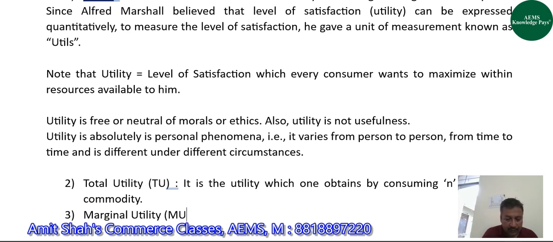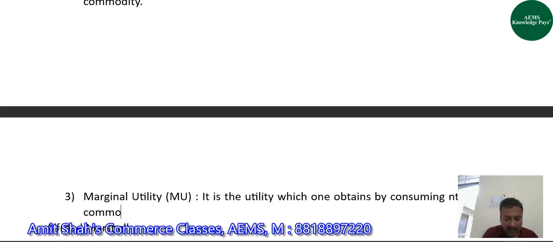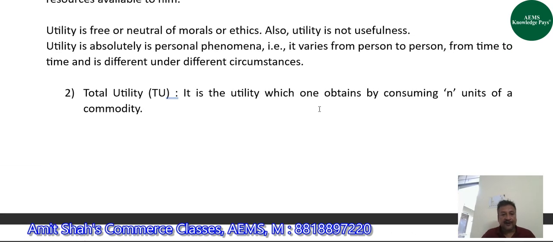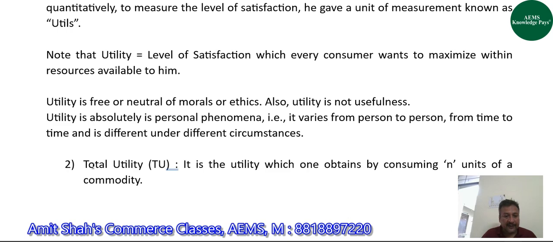Next is marginal utility, that is MU. It is the utility which one obtains by consuming the nth unit of a commodity. So TU and MU are different from each other, guys. TU is the total satisfaction which one obtains by consuming n units.